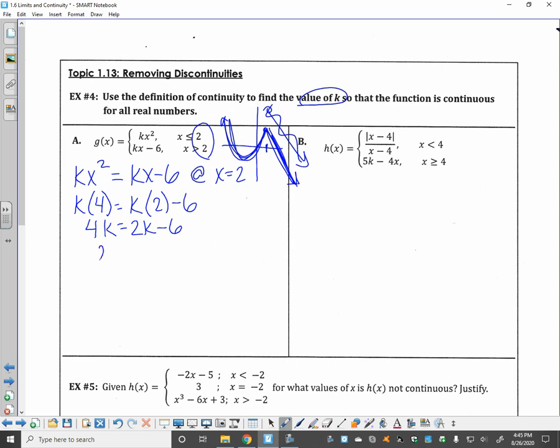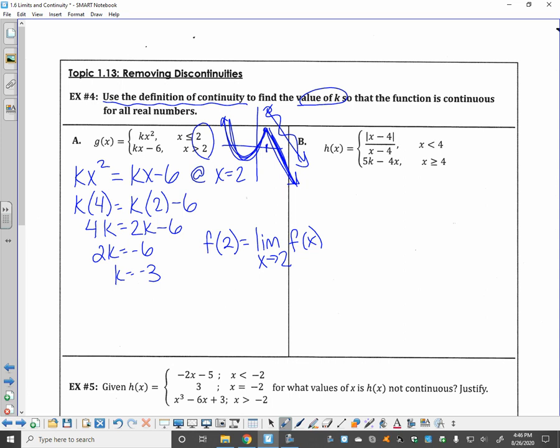I'm going to subtract my 2k, and I'm going to get k equals -3. But you have to use the definition of continuity. I haven't done that yet. Use the definition of continuity. Okay? Continuity says f of 2 has to equal the limit as x approaches 2. That is the definition of continuity.